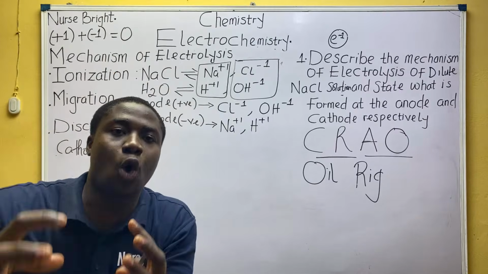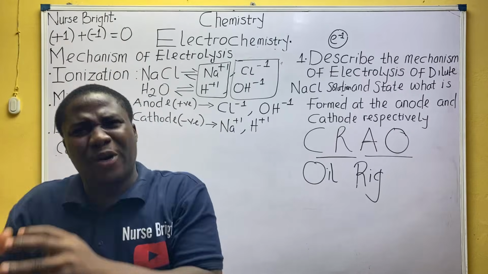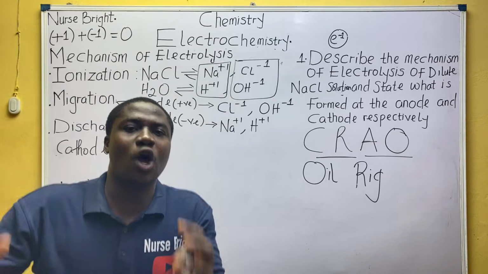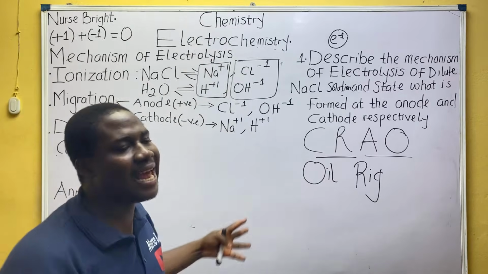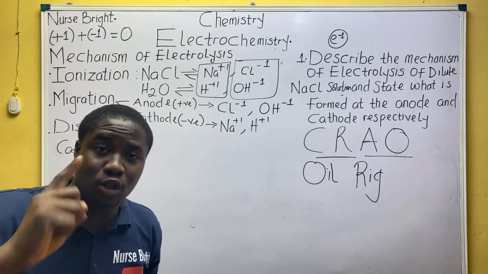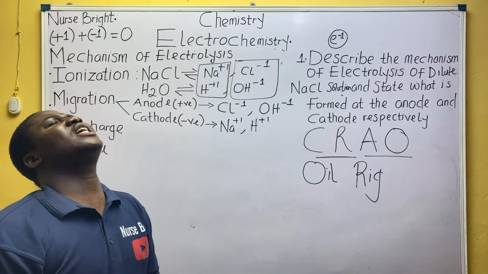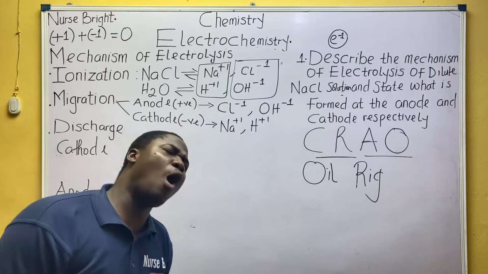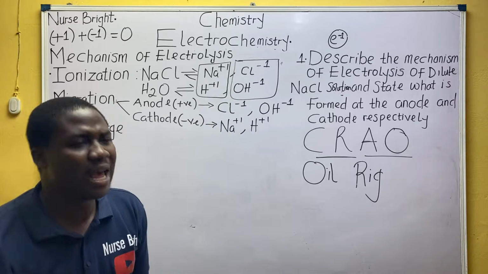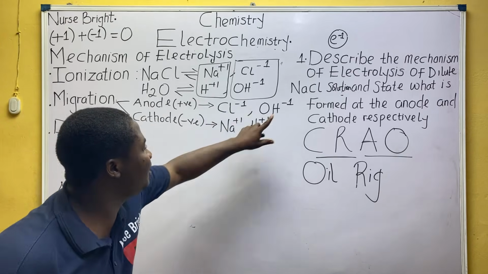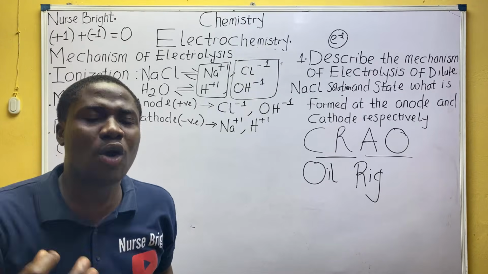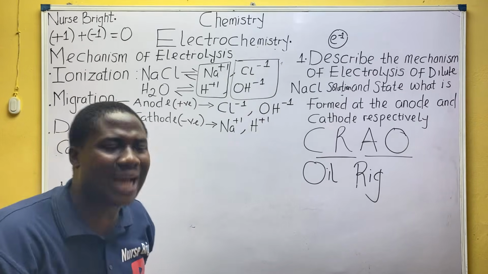There are factors that affect preferential discharge of ions in electrolysis, and we have some of them. Let us talk about the first. Number one, write it in your note. It is called position of the ion. They are all ions, because an ion is a charged atom.